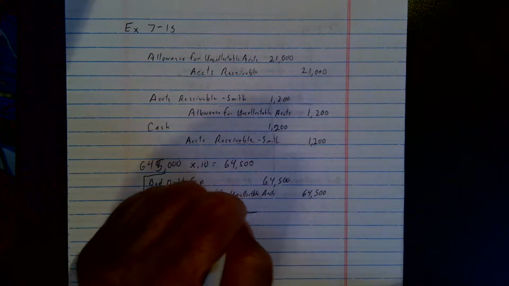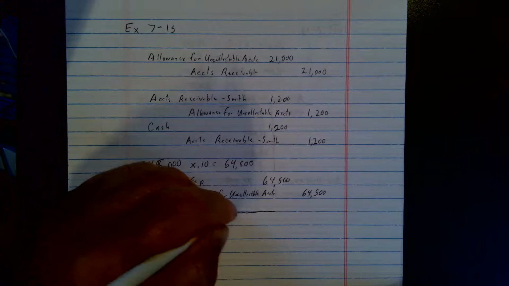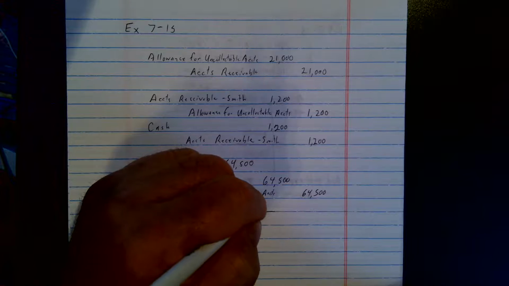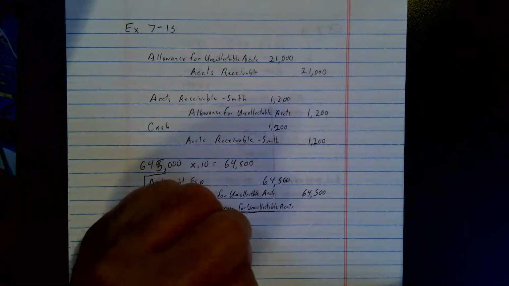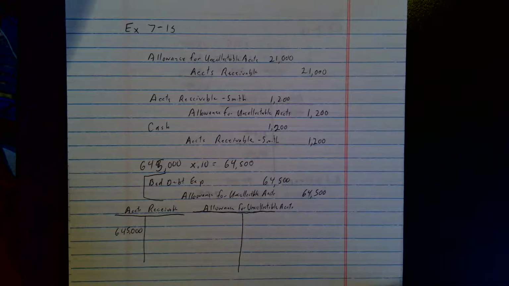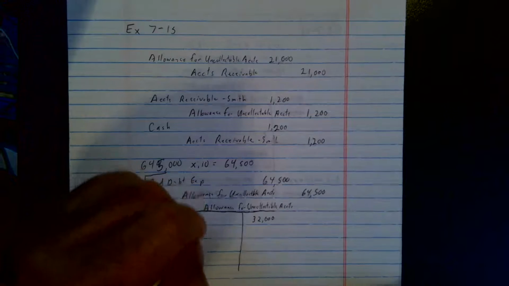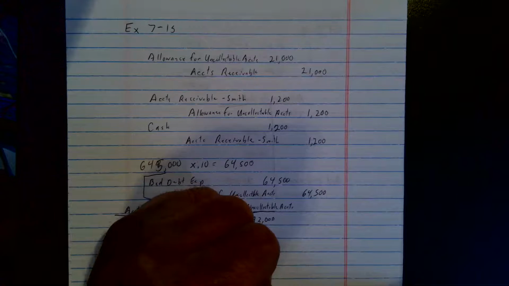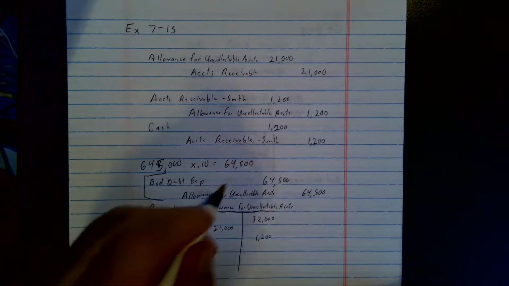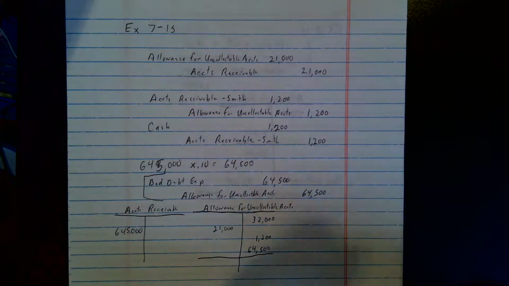But we also have this allowance for uncollectible accounts, and we were told that we started the year with a credit balance of $32,000, but that we wrote off $21,000, but then we reinstated $1,200, and then we added an additional $64,500.